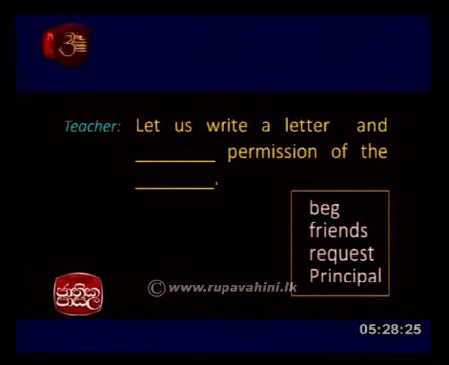Right. The next one, the teacher: Let us write a letter and blank permission of the principal. What are the words given there? Beg, friends, request, principal. When you are organizing, you have to get permission from certain people. So here you have friends and principal, and beg and request as letters.